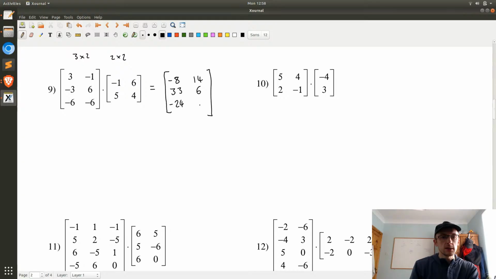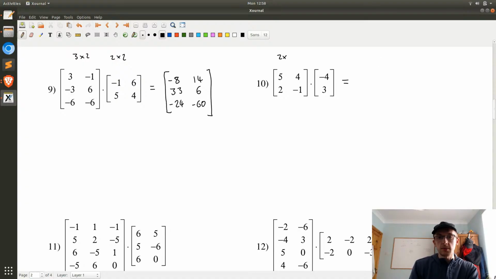Negative 36. Oh, whoops. Am I making errors here? I should sort this out. So that's 6 take 30. That's fine. Okay. Negative 36 take 24. Oh, so you mean negative 60? That's fine.